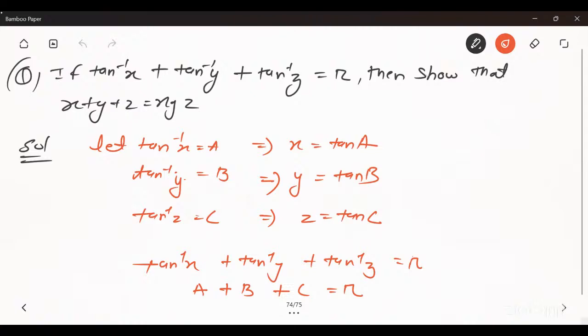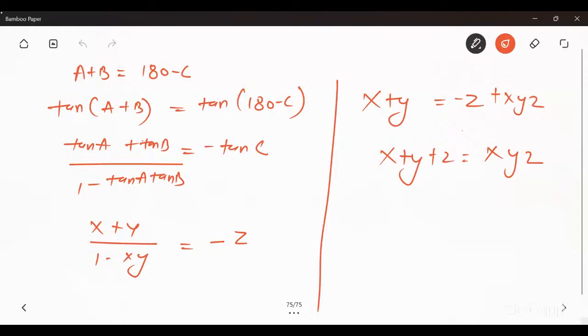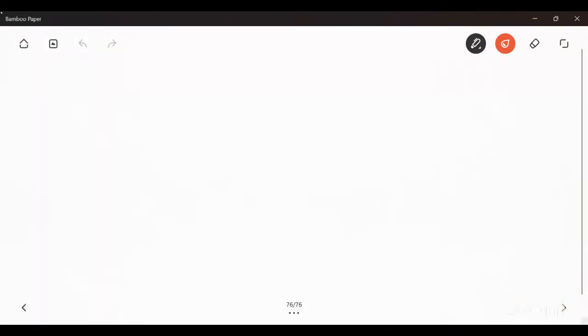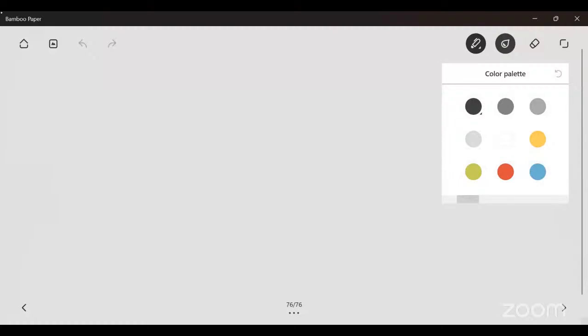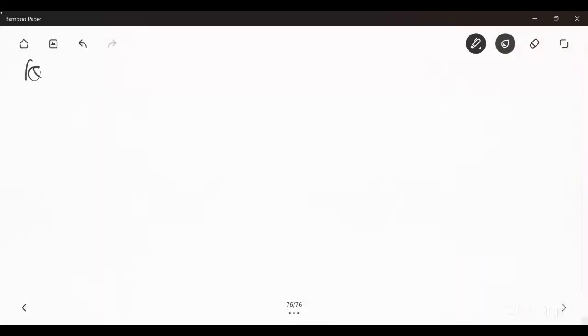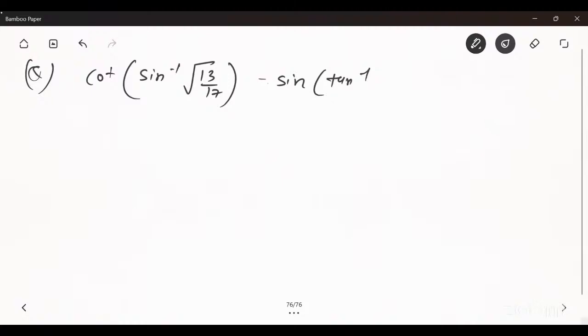Now next question is: cot of sine inverse root 13 upon 17 is equal to sine of tan inverse 2 by 3.